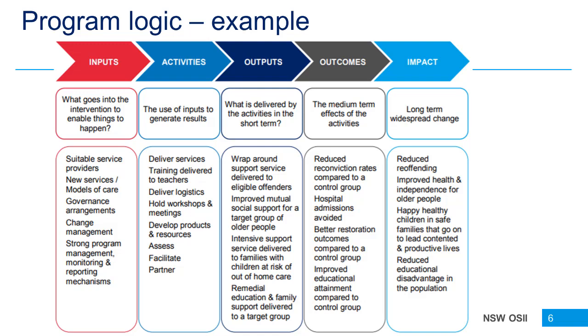There are a number of examples of what constitutes an input, an activity, an output and an outcome at each of the stages. But the important thing to remember here is that each of these steps needs to have a causal link or a relationship that leads from the initial inputs through to the final impact that you are looking to achieve through your program.